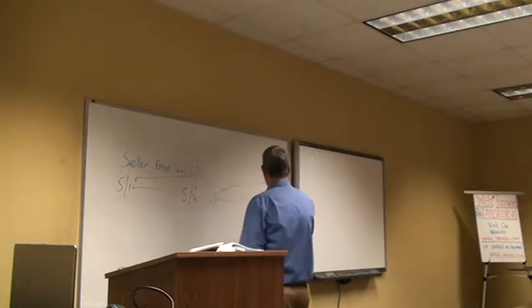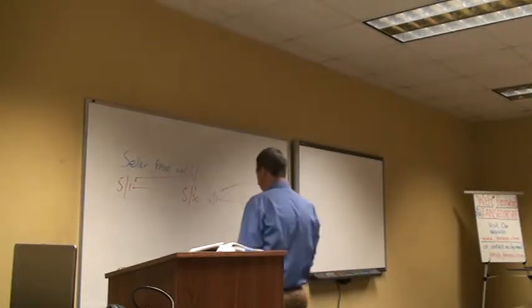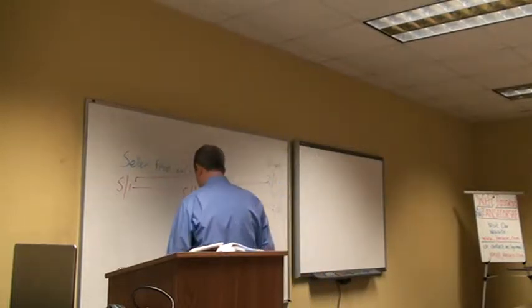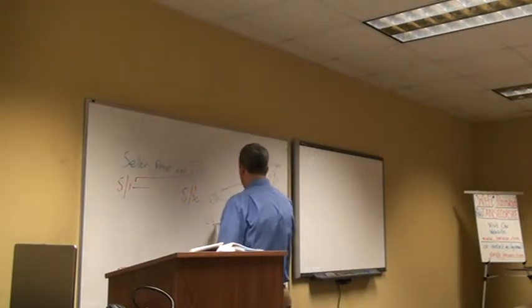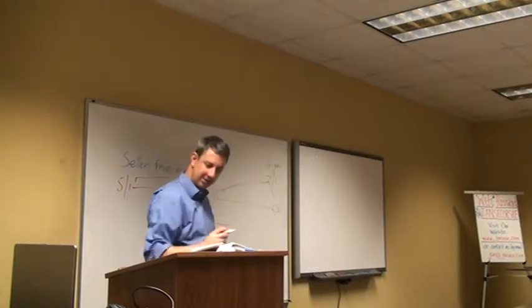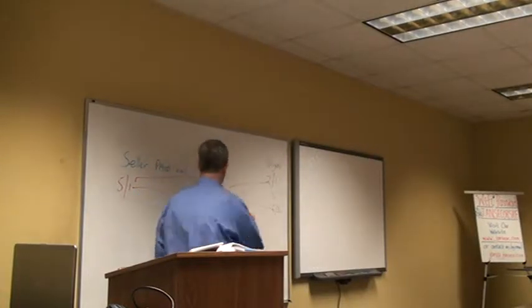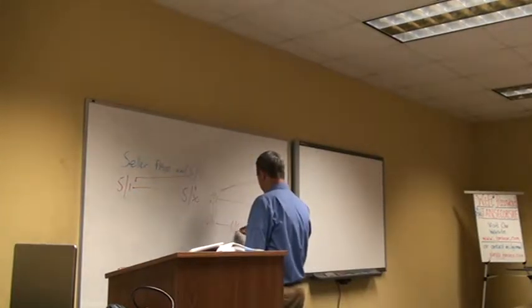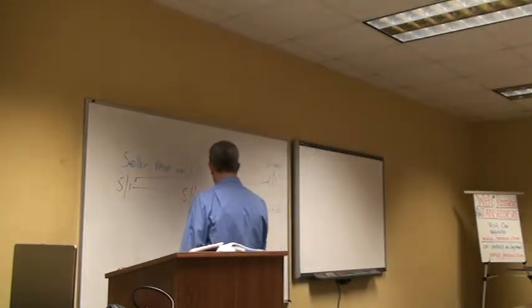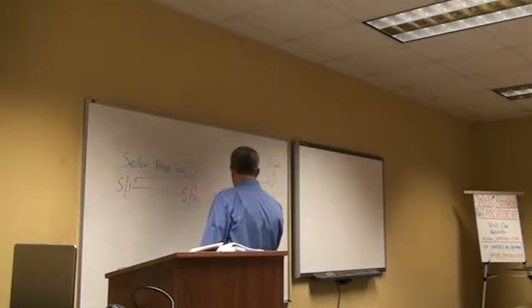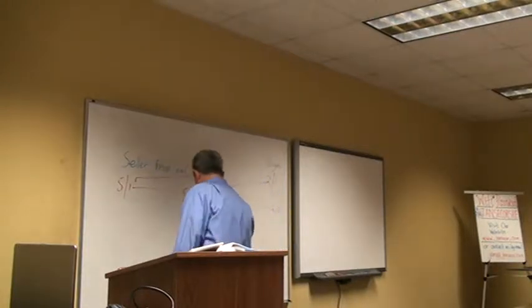Did the buyer own the house from 6/1 to 6/30? No. Who owned the house from 6/1 to 6/6? So who's responsible for interest from 6/1 to 6/6? The seller. Who's already paid that interest? The buyer.